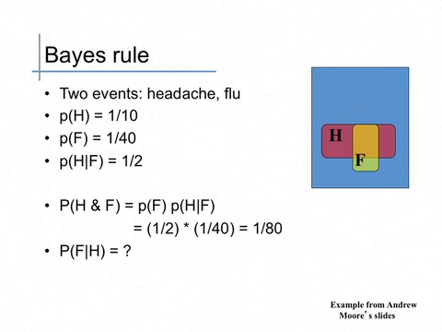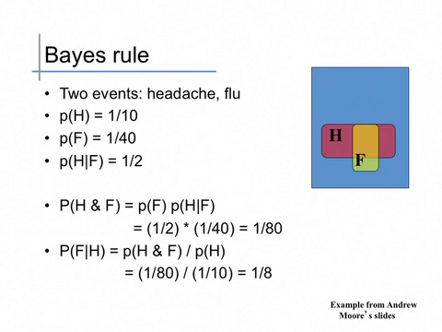By the chain rule of probability, the probability of the outcome headache and flu is just the probability that I have the flu times the probability that I have a headache given the flu. And both of these numbers were given in the problem setup. So the probability of having the flu is 1 in 40, and the probability of a headache given a flu is a half. So I can compute this joint probability as 1 in 80.